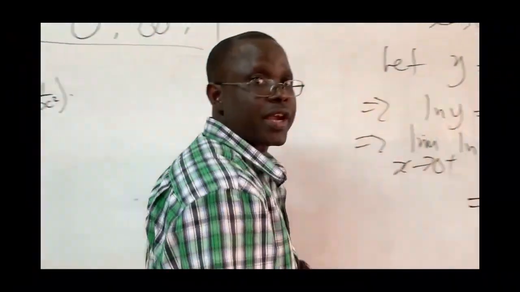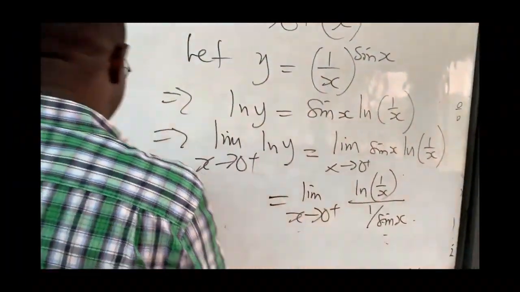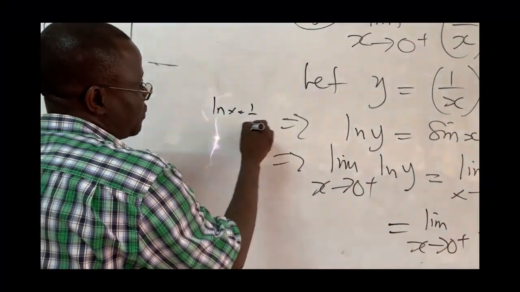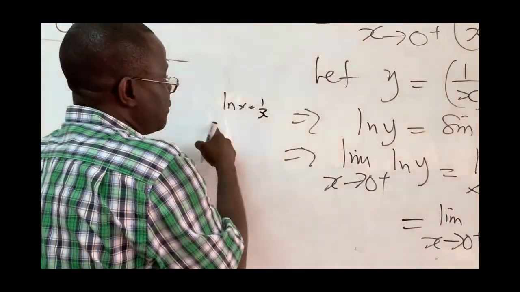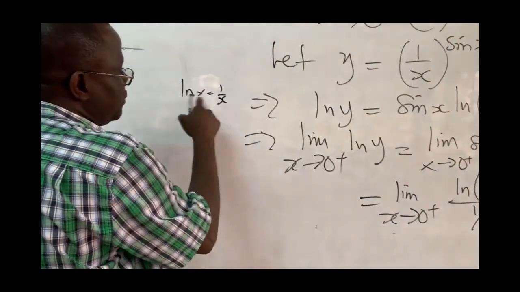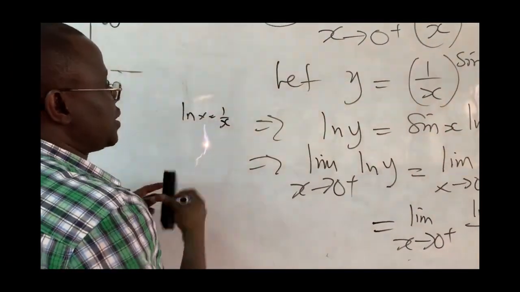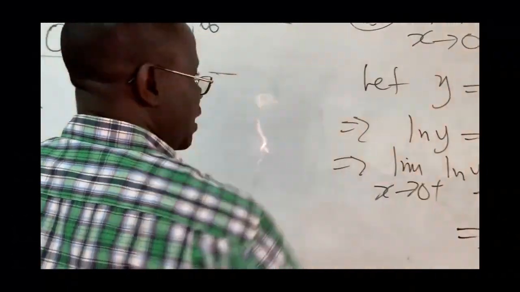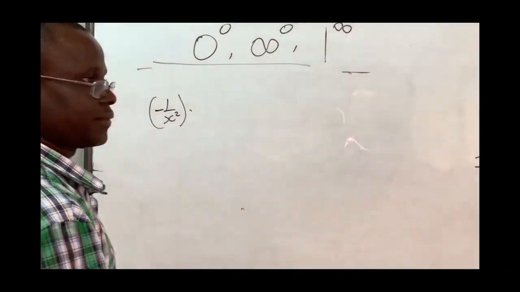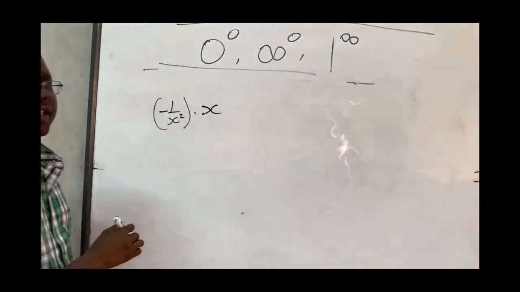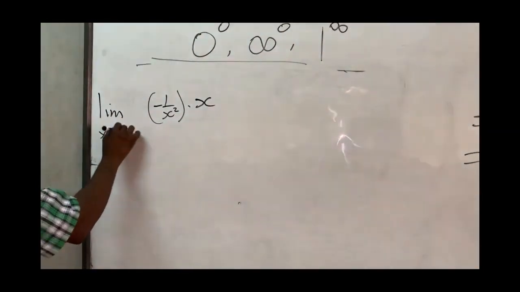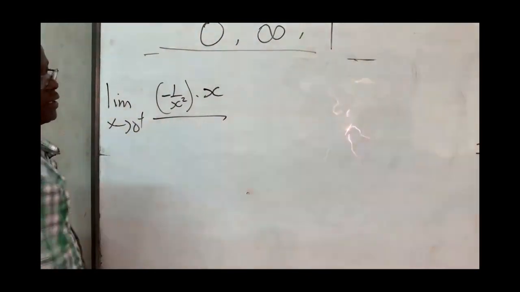Note that when we differentiate ln of x, you have 1 over x, and then multiply by the derivative of what is in the argument. So 1 over 1 over x is just x, and you're going to have x here.